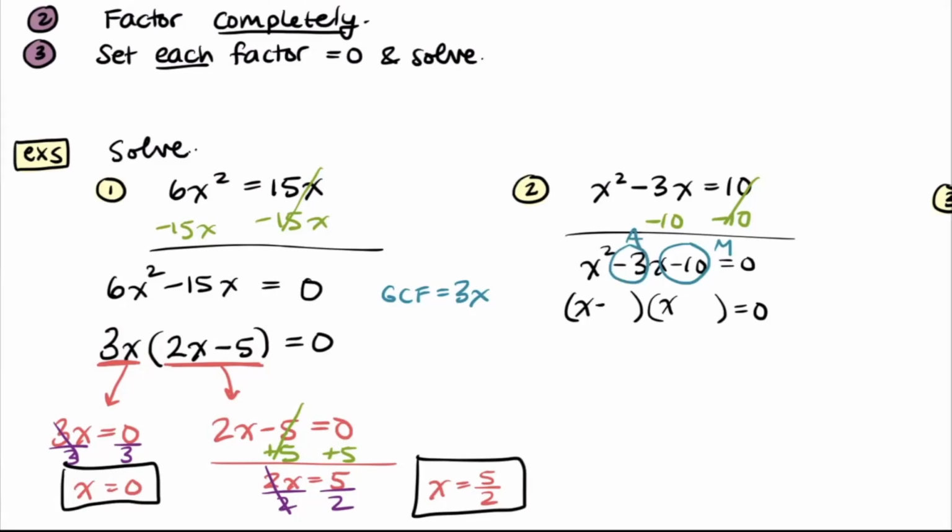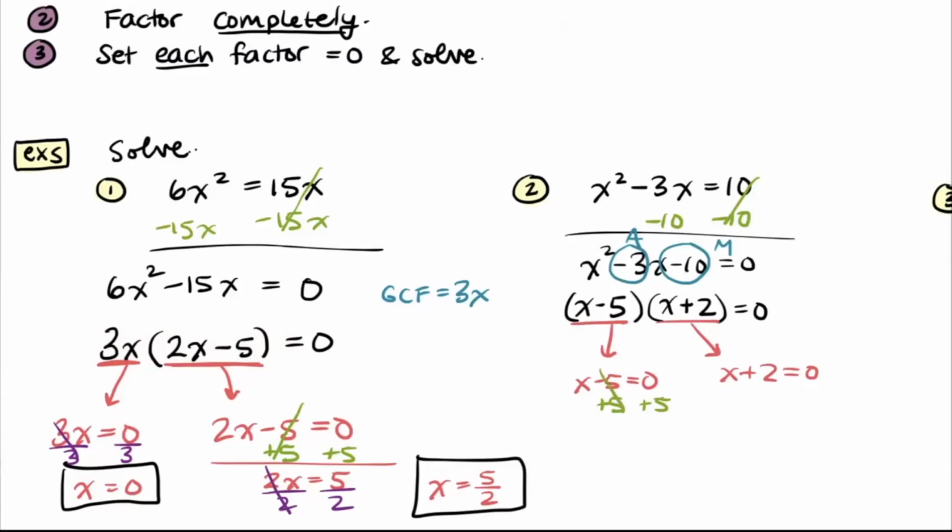And those numbers are, I believe, negative 5 and plus 2. Okay, so now no factoring further to do, so we'll take our x minus 5, set that equal to 0. We take x plus 2, set that one equal to 0, and solve each of these for x.